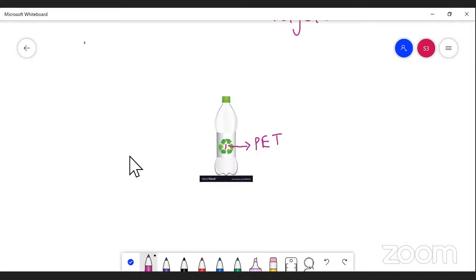So 1 is PET, polyethylene terephthalate, and 2 is HDPE, high density polyethylene. And if it is 3, then it is PVC, polyvinyl chloride.